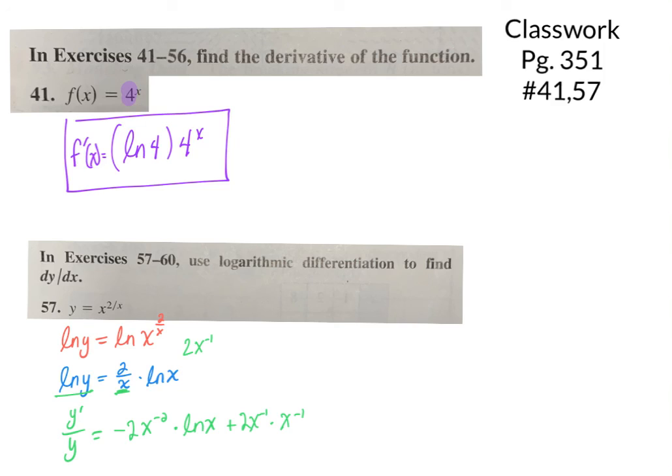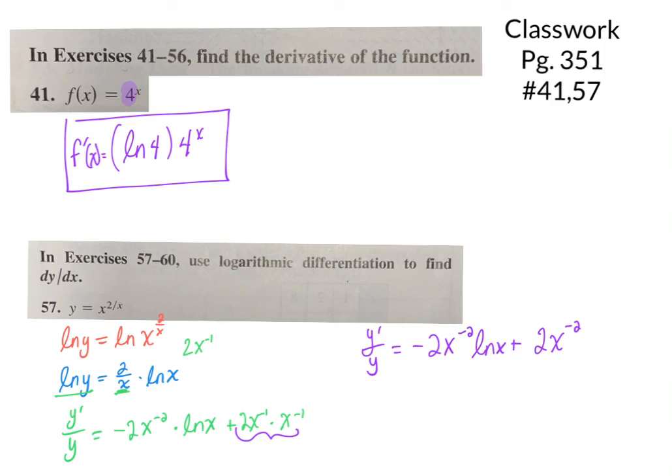So if I were to simplify this first, which is probably what I would do here, y prime over y equals negative 2x to the negative 2 ln of x plus 2x to the negative 2, right?